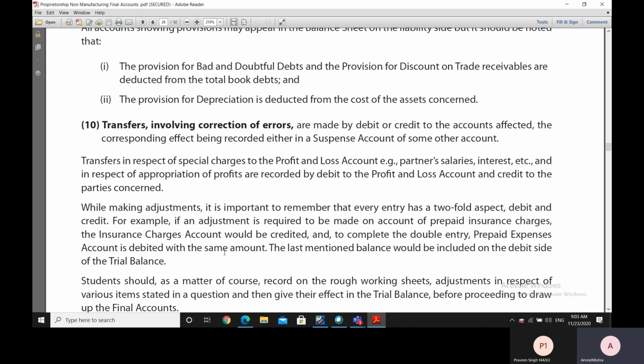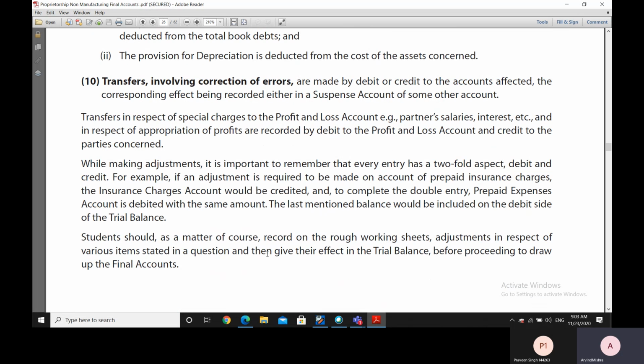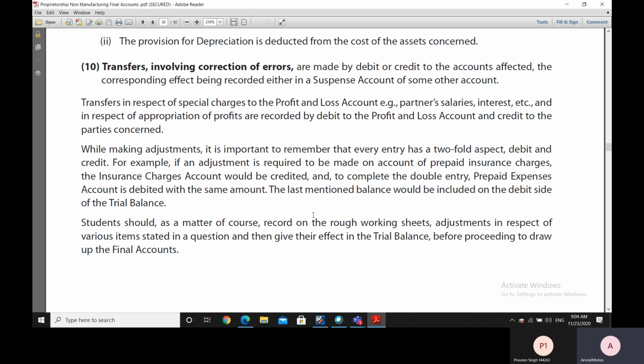So make the adjustment journal entry to debit the prepaid expenses account and credit the insurance charges account. And this prepaid expenses debit balance would be included on the trial balance also on the debit side. Ultimately, it will find a mention in the balance sheet on the debit side or on the right side.